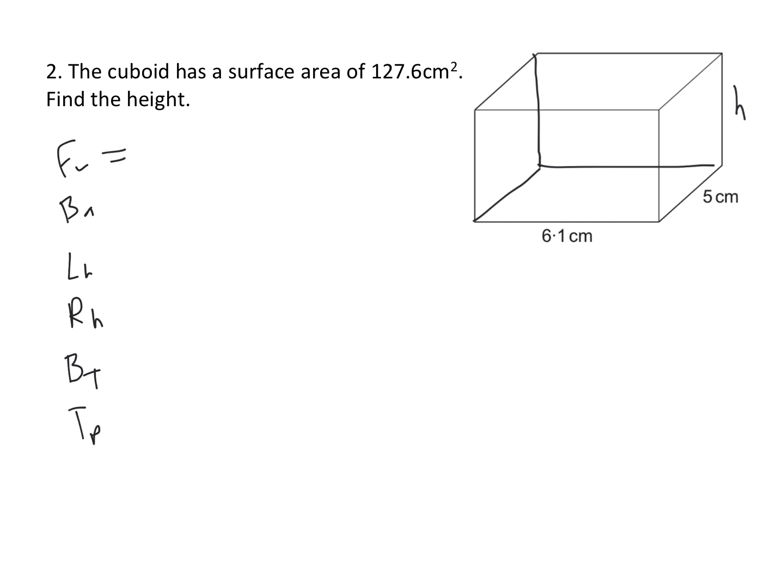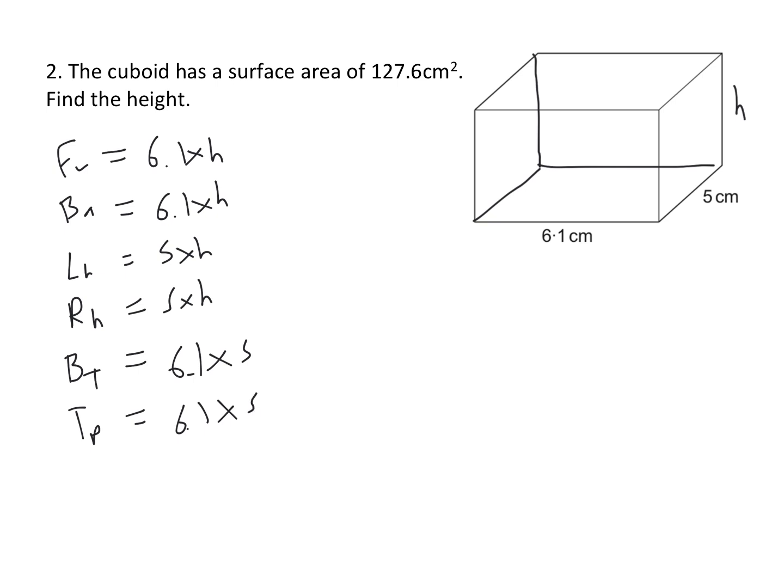The front would be 6.1 multiplied by h. The back is the same, 6.1 times h. The left hand side is 5 times h, and the right hand side is 5 times h. The bottom is 6.1 times 5, and the top is 6.1 times 5.